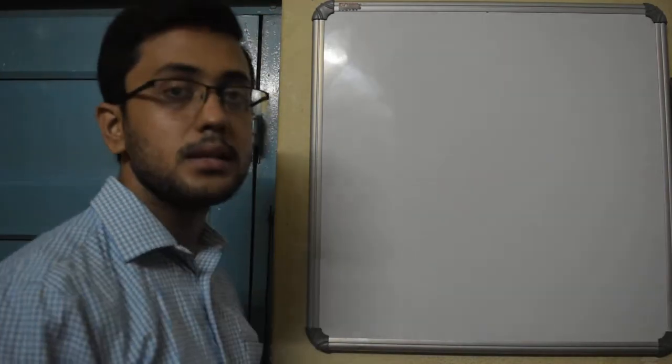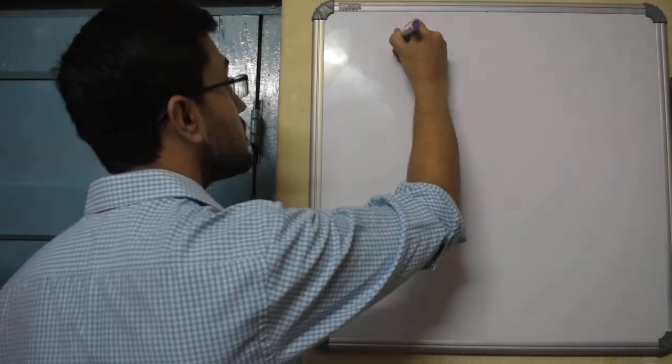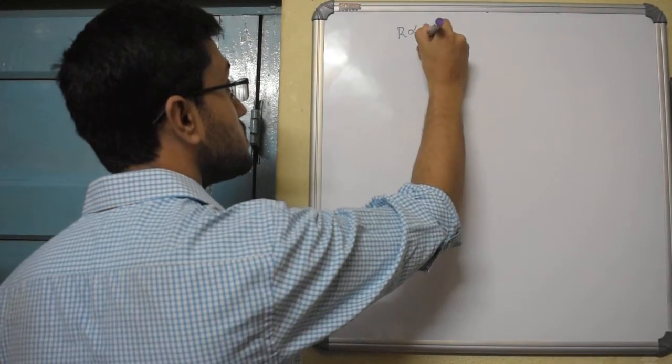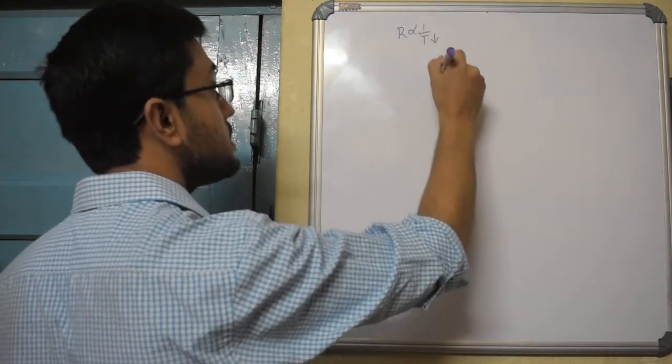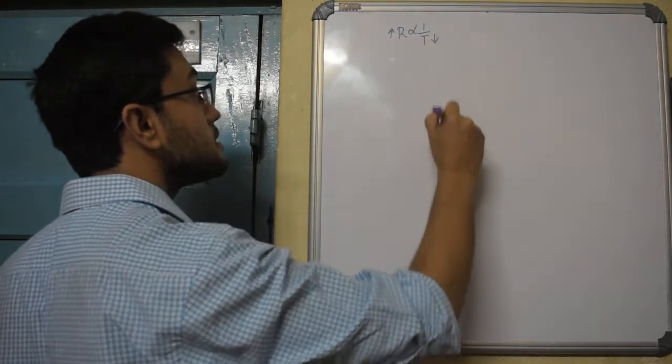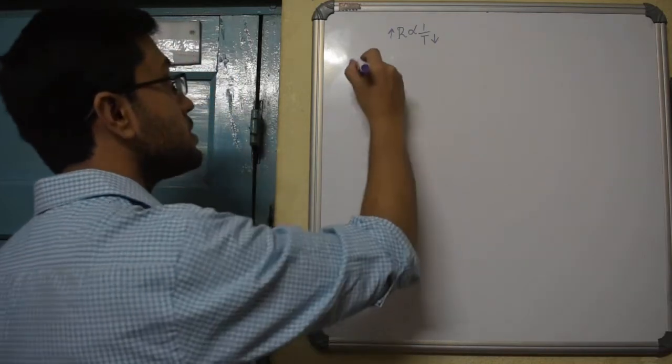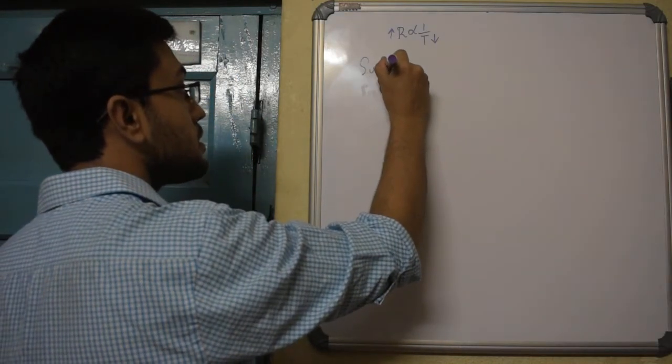Since semiconductors are those materials whose resistance is inversely proportional to temperature, as the temperature goes down, their resistance increases. There is another type of materials which are even better than conductors.